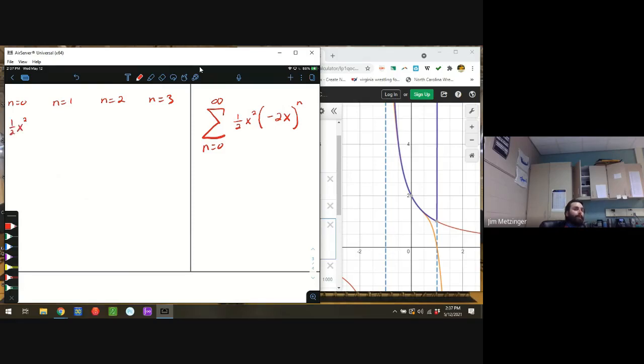Put in 1 for n, 1/2 x squared times negative 2x. Is that negative x to the third? Put in 2 for n, 4x squared times 1/2 x squared, 2x to the 4th.